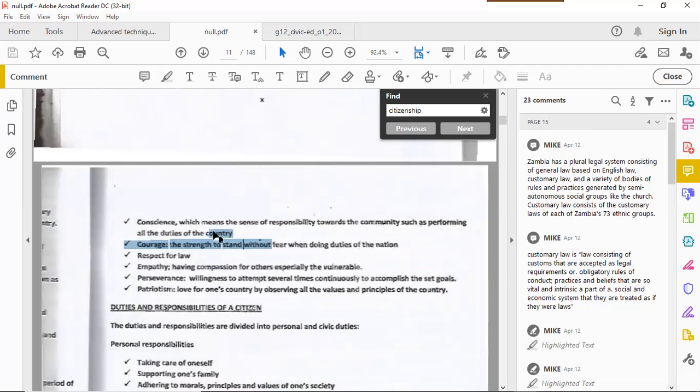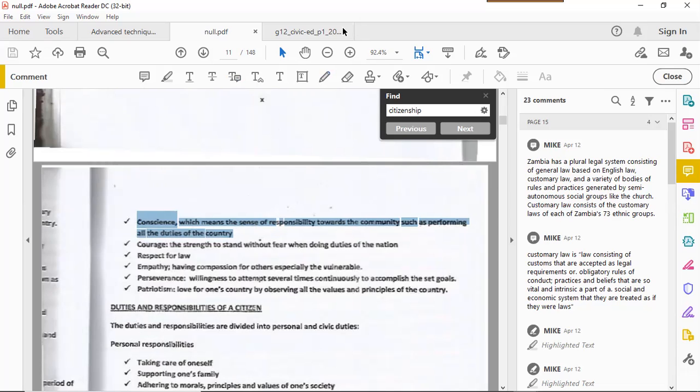Oh, here's the answer. We even made a mistake. Patriotism, love for one's country by observing all values and principles of the country. So this is the closest answer. So I love this function. So consciousness, which means the sense of responsibility towards the community, such as performing all duties of the country.